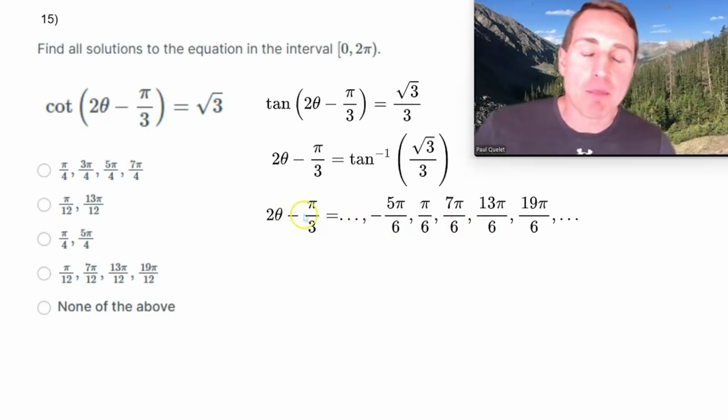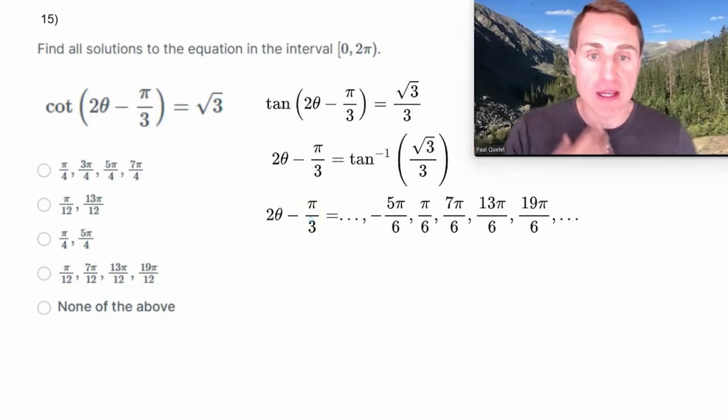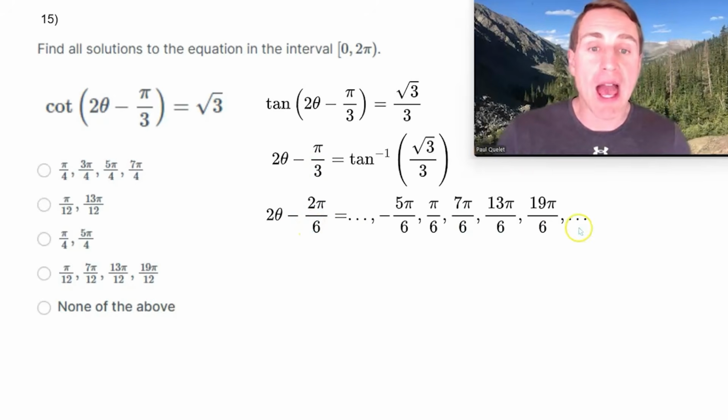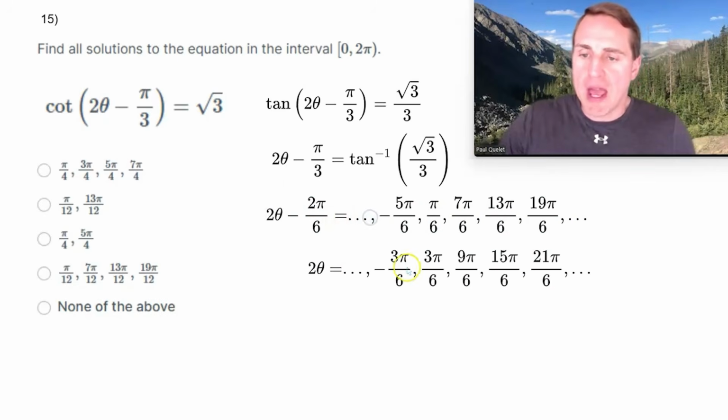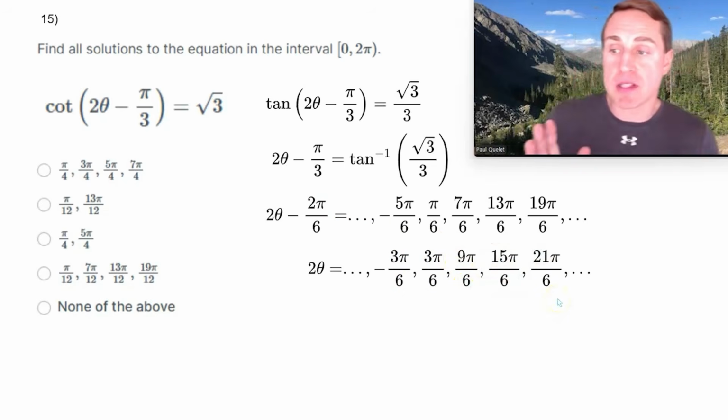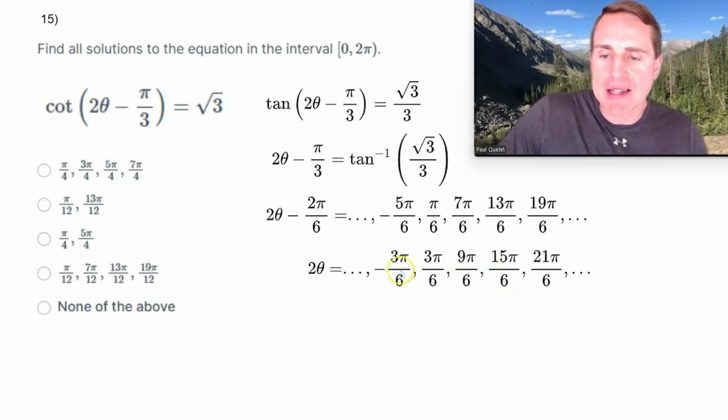So let's add pi over 3 to all of these. Now, adding pi over 3 is the same thing as adding 2 pi over 6. So if we add 2 pi over 6 to all these angles, what does that look like? We have negative 3 pi over 6, 3 pi over 6, 9 pi over 6, 15 pi over 6, 21 pi over 6. Now notice though, each of those has a common factor in them that could be divided out.